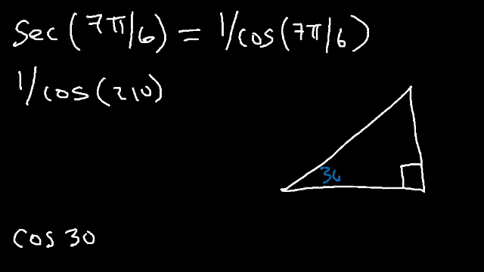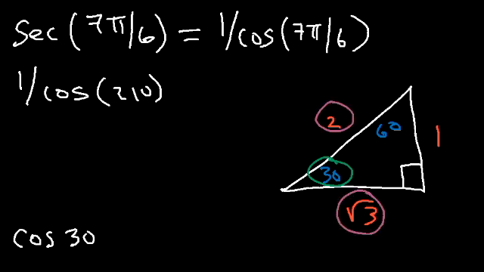So we have 30, 60, across the 30 is 1, across the 60 is root 3, across the 90 is 2. So according to SOHCAHTOA, cosine is relative to 30, cosine is adjacent over hypotenuse. Adjacent is root 3, hypotenuse is 2, so cosine 30 is root 3 over 2.